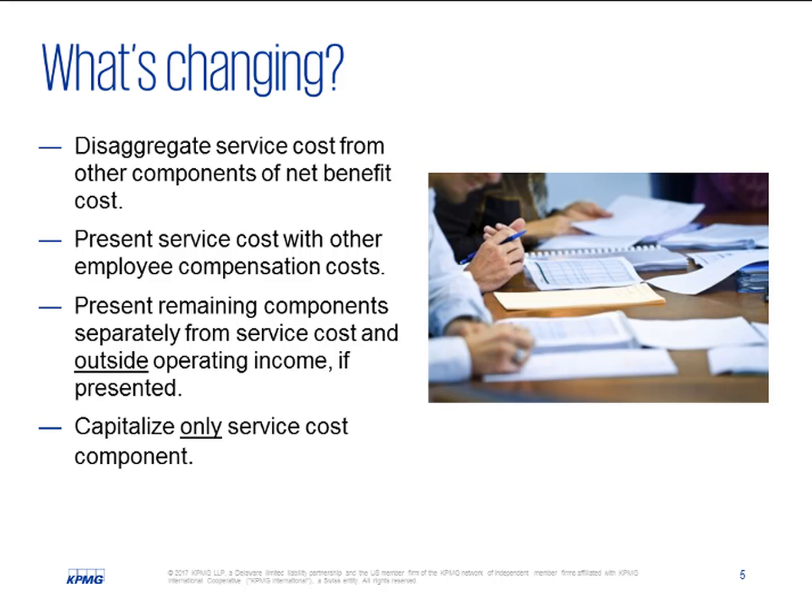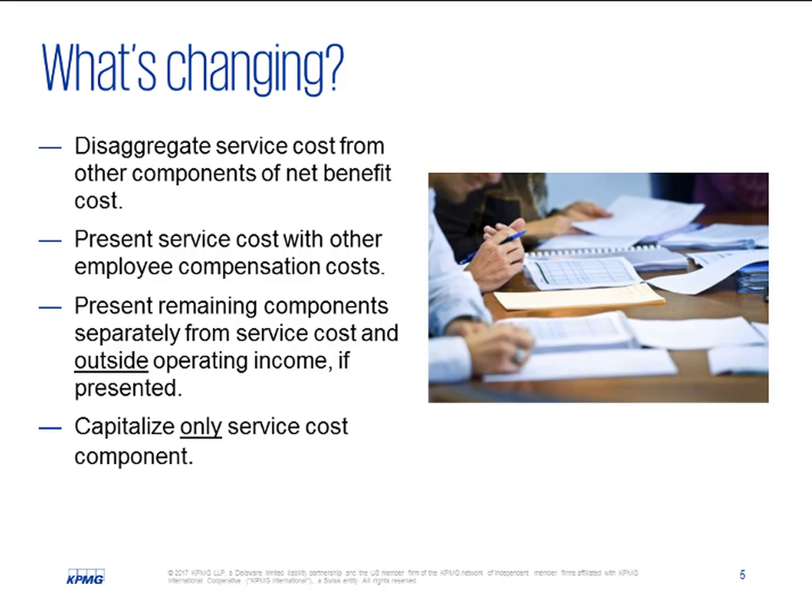Entities that don't present a subtotal of operating income can decide where to present the other components, but they still need to be presented separately from service cost, and if separate line items are used, they need to be appropriately described. Also, Emily, only service costs are eligible for capitalization.